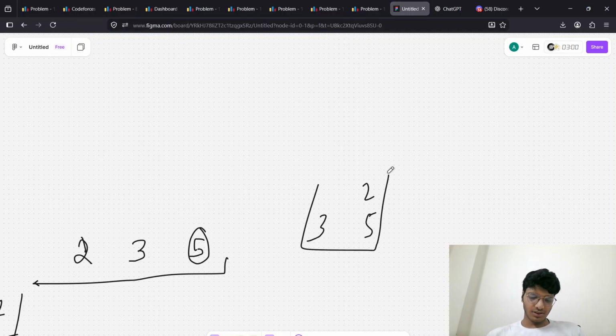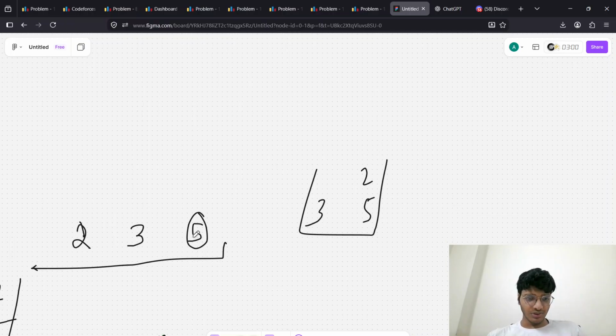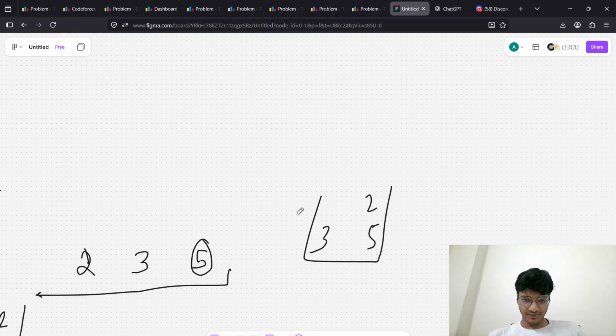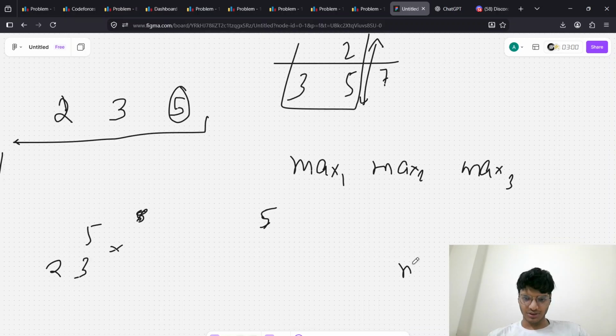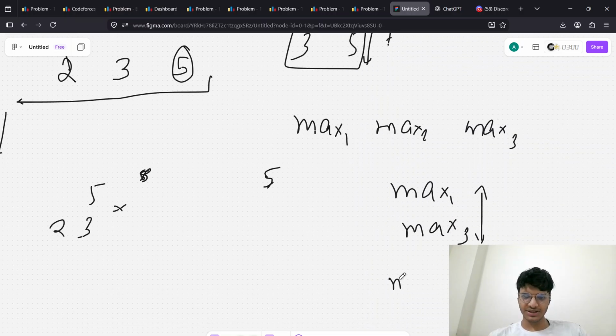This is because the total height will be 7. Let's suppose maximum 1, then maximum 2, then maximum 3. These three have to be put too. We will put maximum 3 here and maximum 1 here, or maximum 1 here, and their total size will be lesser than if we think with maximum 2 and maximum 3. Do you get it?